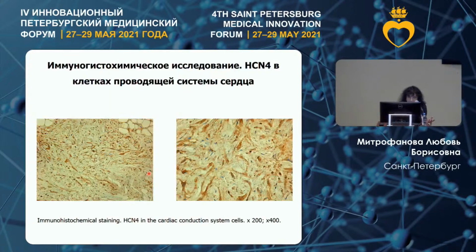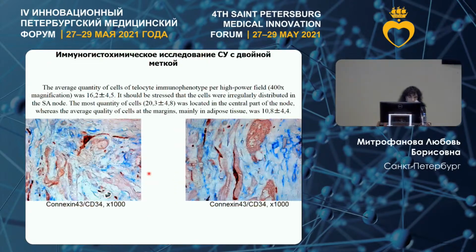And finally, the Purkinje cells. So we stained this with a special marker, difficult to work with. This is an ion channel protein. That testifies that the conduction system cells of the heart may generate an electric impulse. Then we did double marking and saw our favorite telocytes.